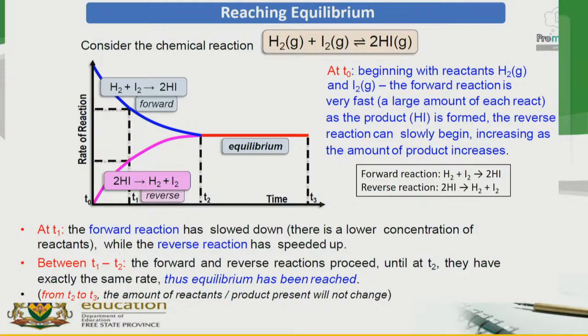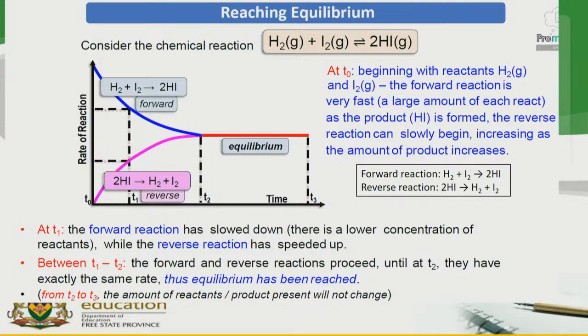And then, as soon as the hydrogen iodide is formed, it can decompose back to hydrogen and iodine. It moves from left to right for the forward reaction, but hydrogen iodide can now form hydrogen and iodine. That is a reverse reaction.